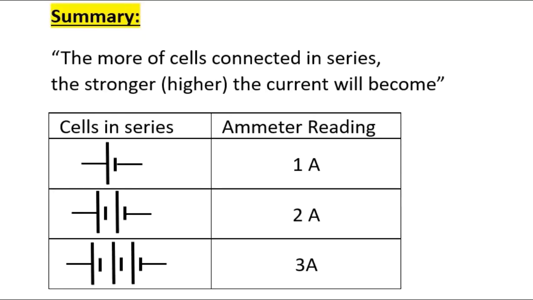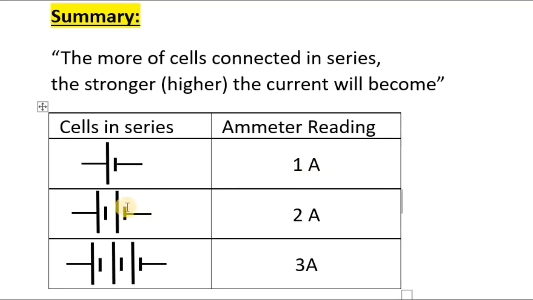Learners, in summary, we can therefore say that the more cells connected in series, the stronger or the higher the current will become. You will remember from the circuit that you saw, when we had 1 cell, the ammeter had a reading of 1 ampere, saying there was 1 coulomb of charges moving through the circuit.